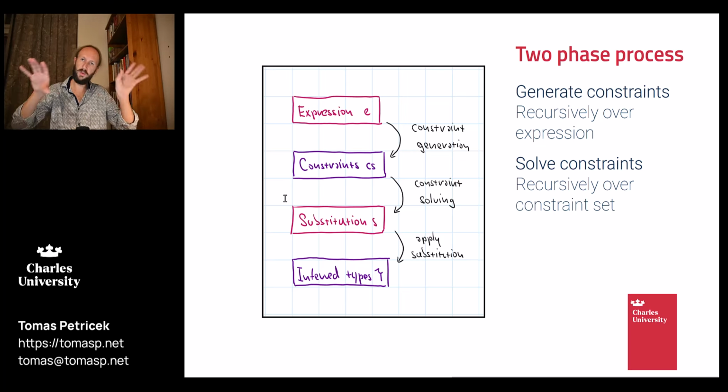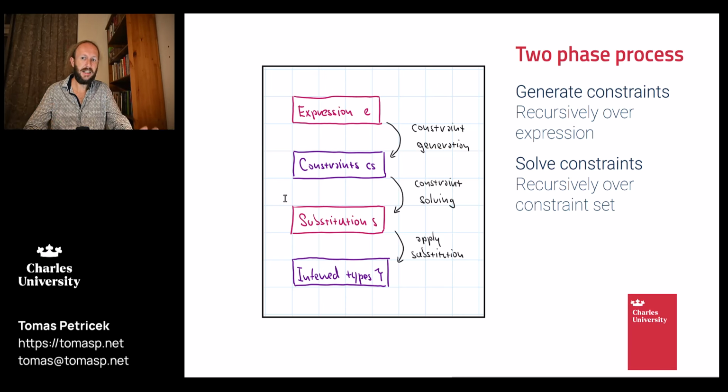So we walk over the expression in one recursive function and collect a bunch of constraints. And then we pass these constraints to a solver, and the solver will generate some substitutions, which is basically the solution for our constraints. And then once we apply these substitutions, we will get the inferred types.